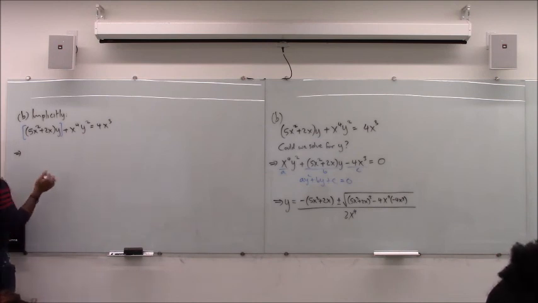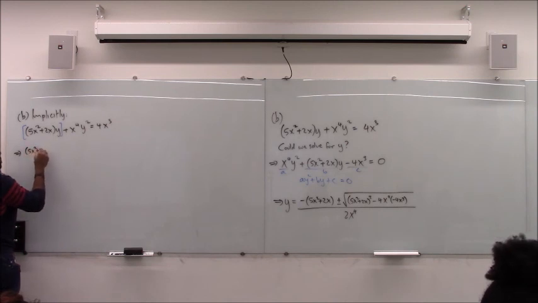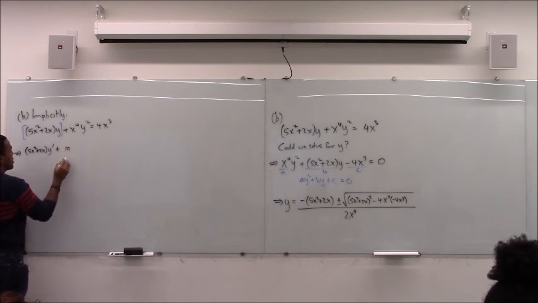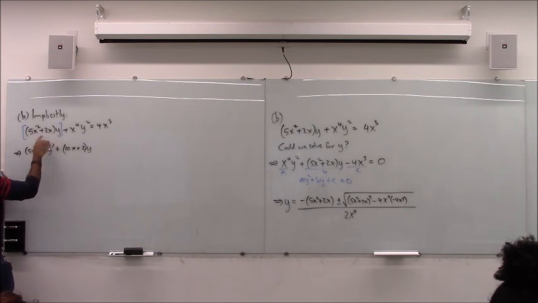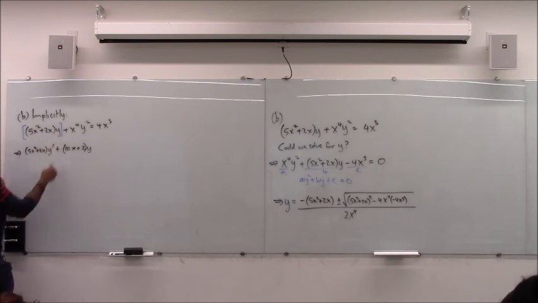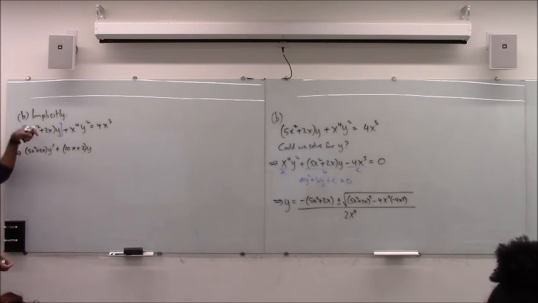You got 5x squared plus 2x times y prime plus 10x plus 2 times y. So you differentiate one, leave the other, plus differentiate this one, leave that one. You apply the product rule. When you're differentiating the y part, multiply by y prime.